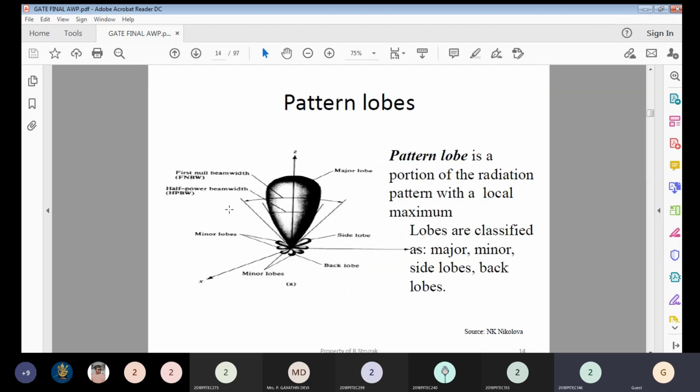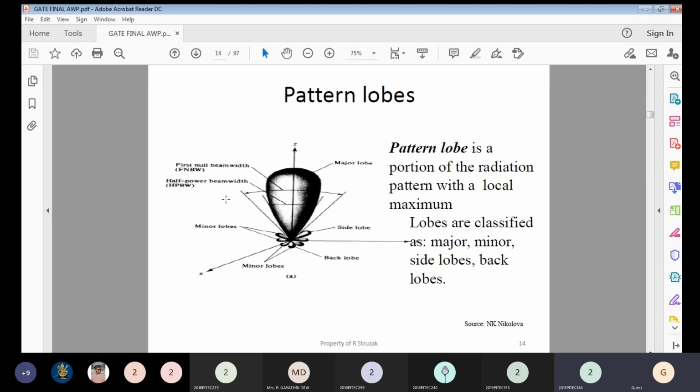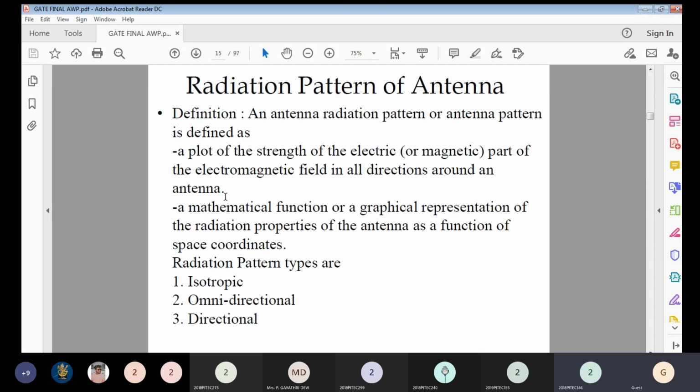Next we are going to see the first topic, radiation pattern. Antenna radiation pattern is defined as the mathematical function or graphical representation of the radiation properties of an antenna as a function of the space coordinates.